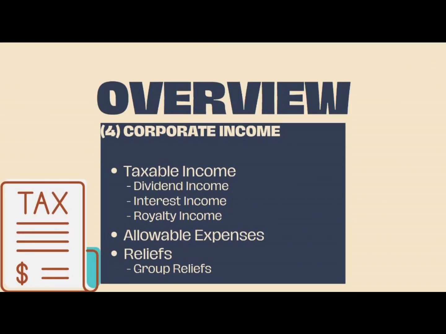Lastly, we will also compare the taxable income, allowable expenses, and reliefs of the corporate income. The taxable income part will compare the dividend income, interest income, and royalty income, while the reliefs part will compare the group reliefs in Malaysia and Singapore. So, let's start now.